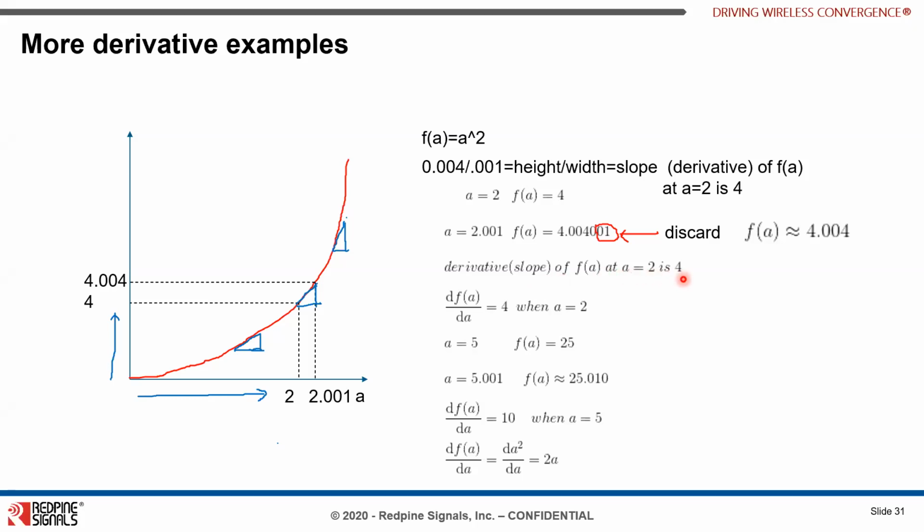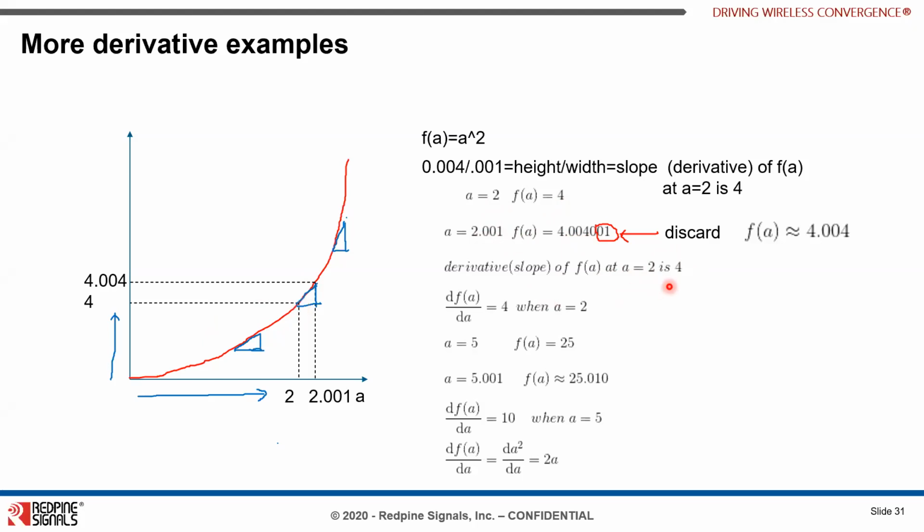Why? Because I am increasing 2 to 2.001, and correspondingly 4 has increased to 4.004. So 0.004 by 0.001 is actually equal to 4. So the slope of the function at point a equal to 2 is 4.